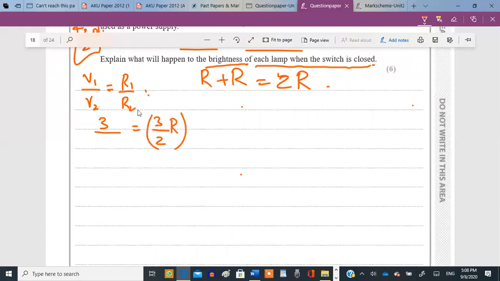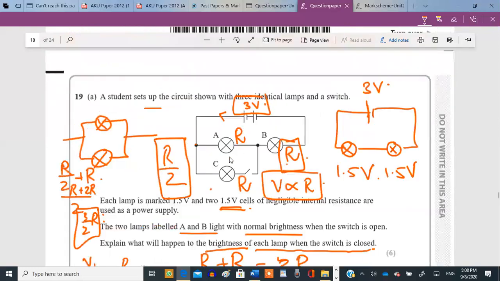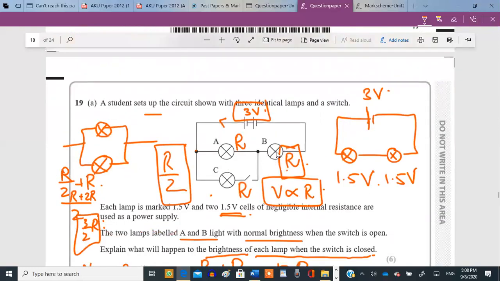Meaning I'm placing this in terms of this R1. And when you divide it by V2, what is V2? Okay, V2 can be any of these two. Like V2 can be the voltage across B or it can be the voltage across A and C. So I think across B is going to be easier.